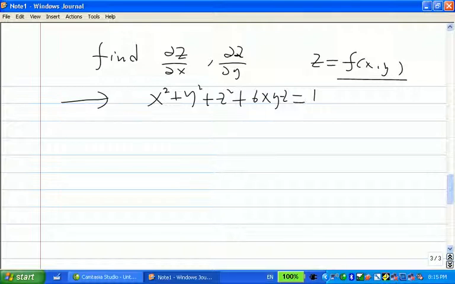So in your mind, you think of z as a function of x and y. And x and y can be anything, but z cannot. Z has to depend on x and y. Now how do we find the partial z with respect to x? What we're going to do, we take a partial derivative with respect to x on both sides of the equation.